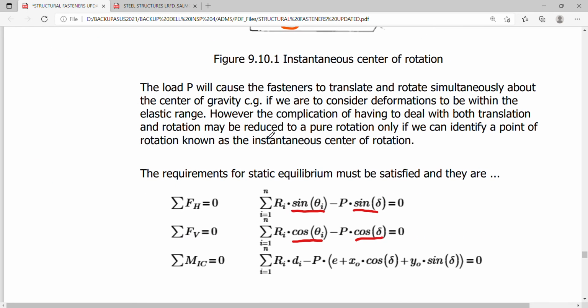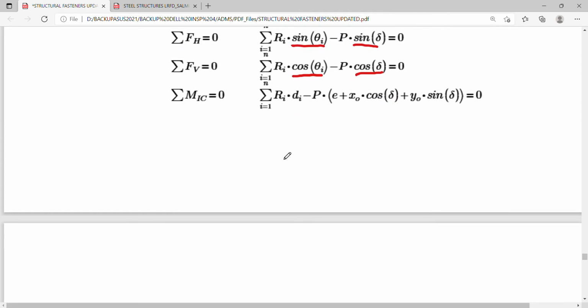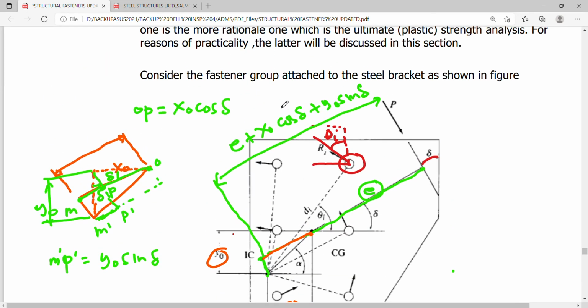Okay, so the load P will cause the fasteners to translate and rotate simultaneously about the center of gravity. Instead, we deal with the instantaneous center of rotation for us to be considering only rotational deformations or displacement rather than a combination of translational displacement and rotational displacement. So in this regard, your moment arm that I'm talking about earlier is now derived in this form, which is the same as that value here that we derived.